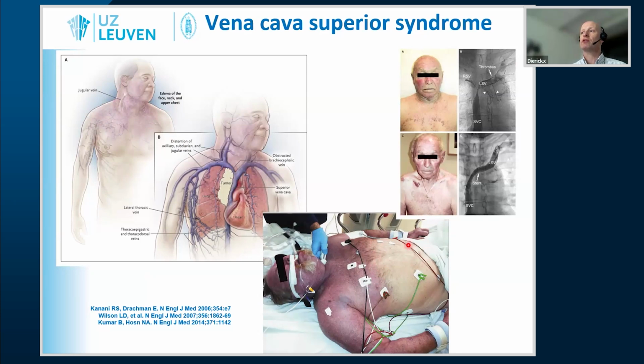The other one, the lower part, is of course the vena cava inferior, but you have a compression on the vena cava superior. And the treatment we give for those patients is by asking our surgeon or our interventional radiologist to place a stent in the vena cava superior. And here you see the result. And actually, this gives a relief of the symptoms in a couple of hours.